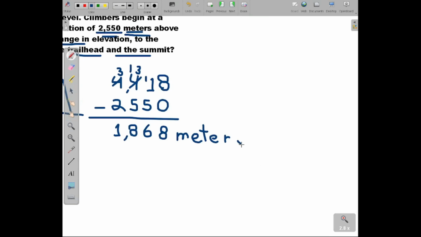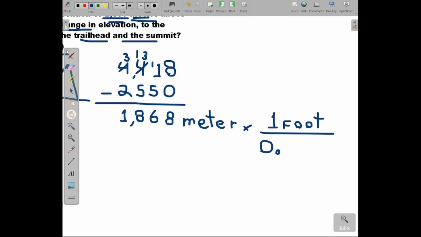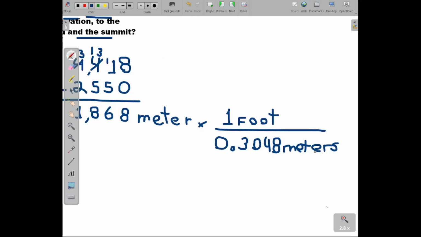So for that, we know that 1 foot is equal to 0.3048 meters. And the meters go on the denominator because we have to cancel out the meters.